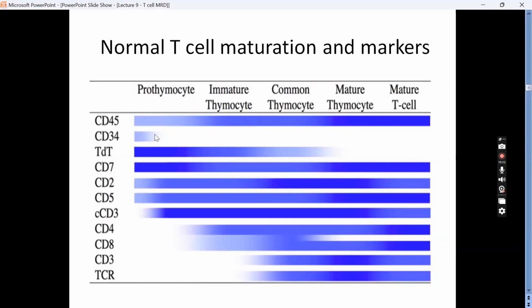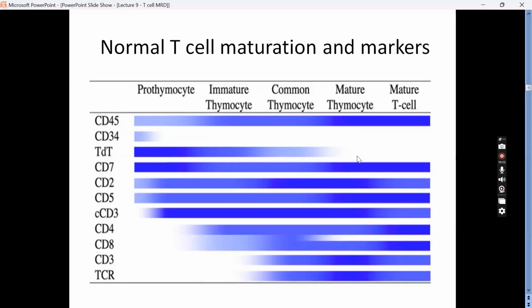The problem with B-ALL is that we have normal immature precursors in the bone marrow, called hematogones, and the ultimate task for you lies in differentiating your immature leukemic cells from these normal immature cells. Whereas in T-ALL MRD, you don't have that problem because you don't find normal immature T cells in the marrow, since T cell maturation happens in the thymus.